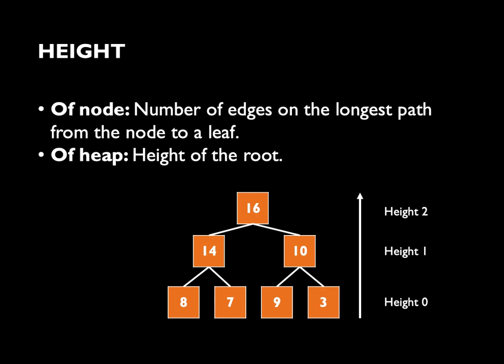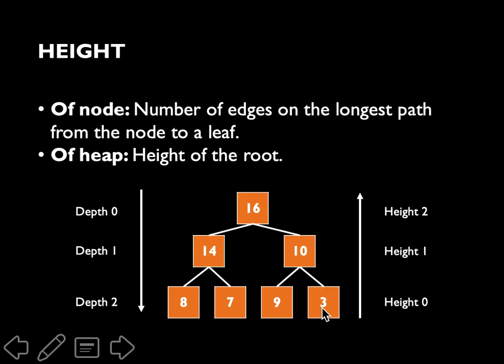In this heap, the root has height 2, right? Because the longest path from this root to the leaf is 2, right? Number of edges. So there are 2 edges here, and of course the leaves of the heap would have height 0. Unlike height, depth, which you might remember from when we learned about recurrence trees, will go in the opposite direction.